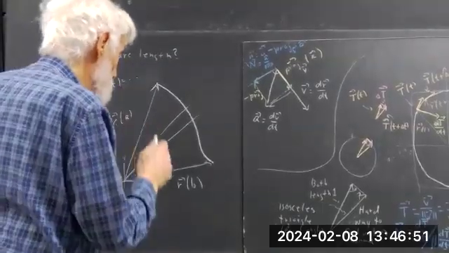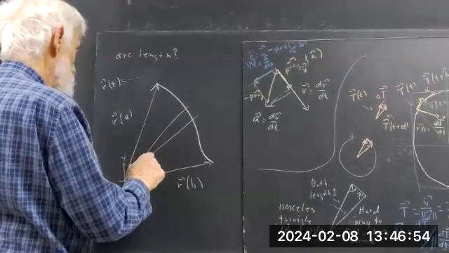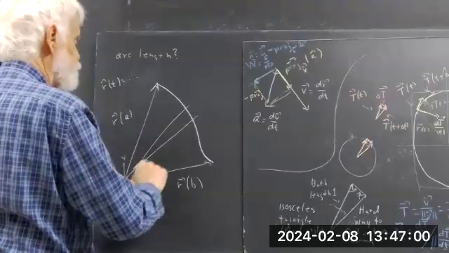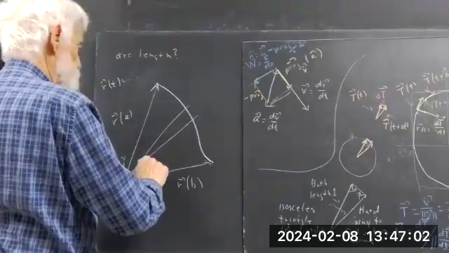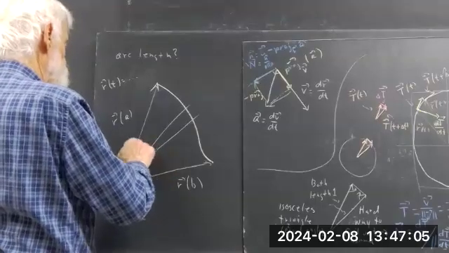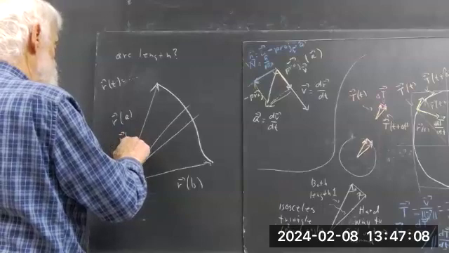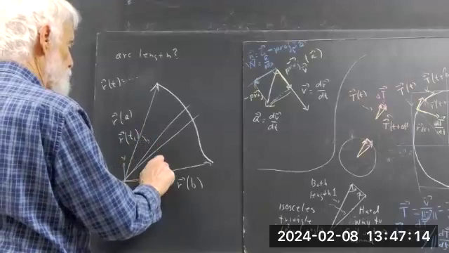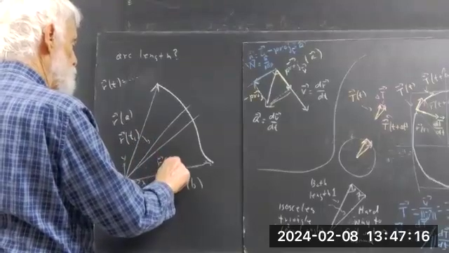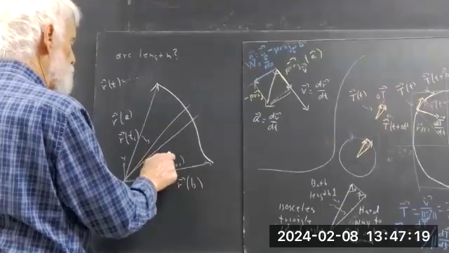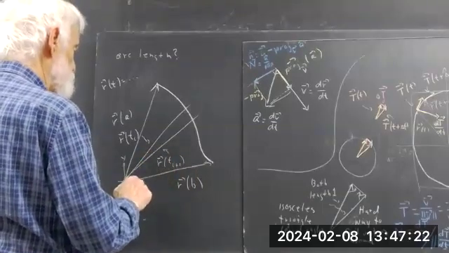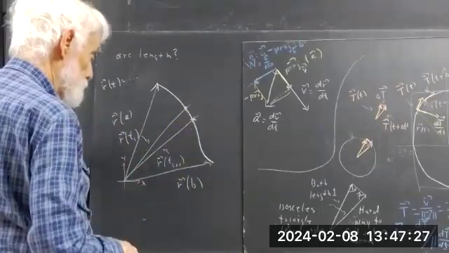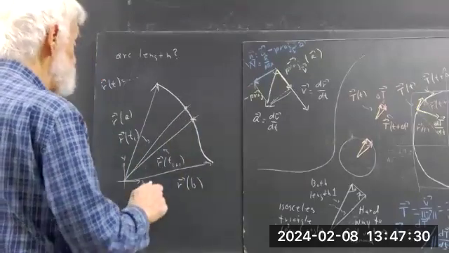You have r of t_i here and r of t_{i+1} here, trying to find this distance.